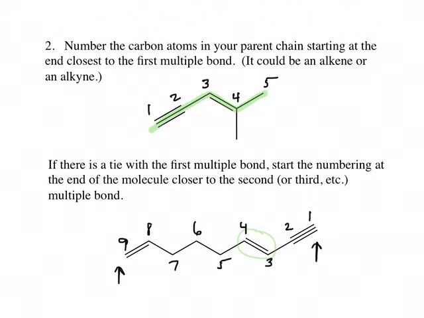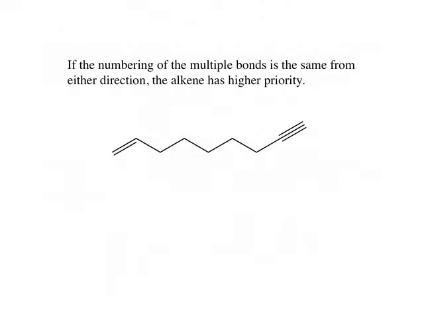All right, now let's say, moving on, that it's the same from either direction, as in this example here. No matter what I do, it's going to be number 1 on both sides. There are no double or triple bonds in between the two to help break the tie, so something else has to break it. In that case, if there's a complete tie with the functional groups in terms of their numbering, then the alkene has the higher priority.